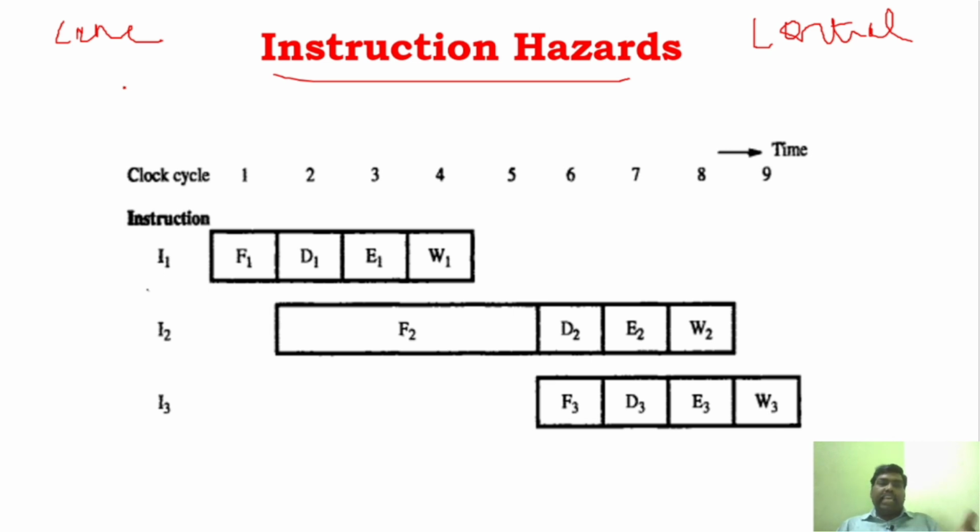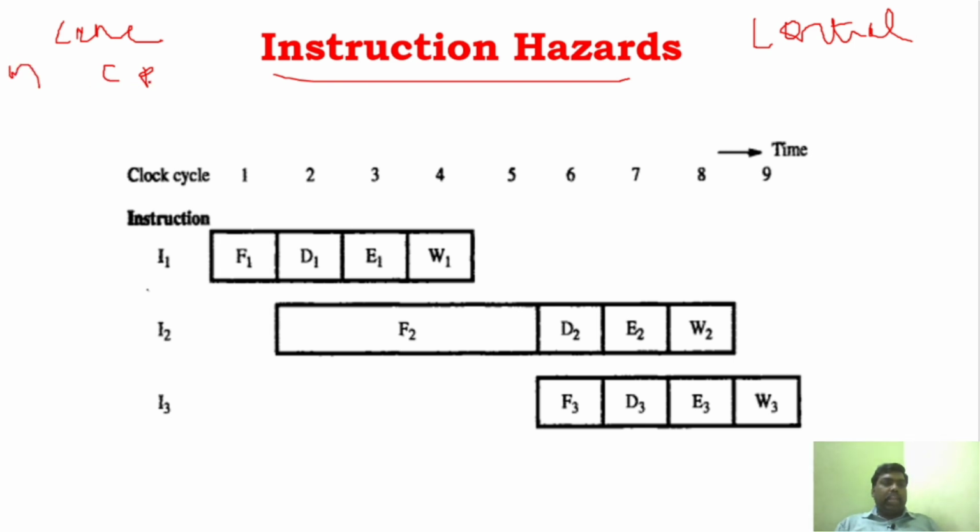For example, we know that there is a cache memory, and if the cache memory does not have that information, or if the cache misses that particular instruction, what will happen? The processor has to get that information from the main memory. You can see here, this is the processor, this is the cache, and this is the main memory.